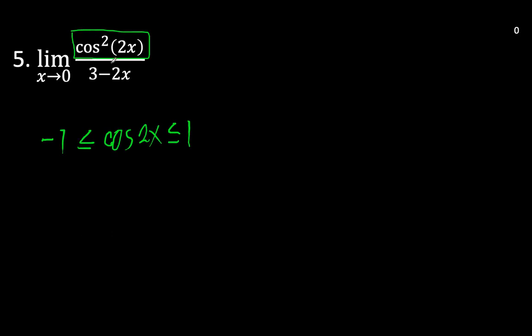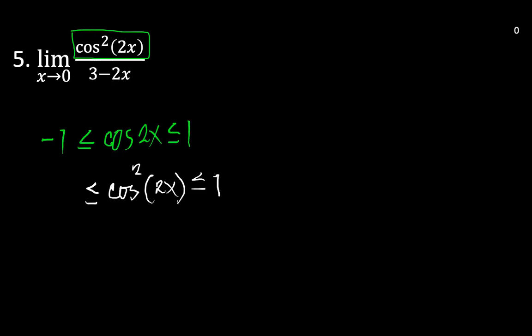Since the given here is squared, we can take the square on all the sides. So here, this becomes cosine squared 2x is less than or equal to 1. Why 1? Because 1 squared is 1. And here, -1 squared is 1, right? So it's just equal to 1. So it's just the same as this.